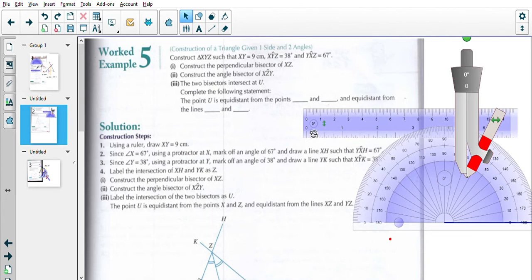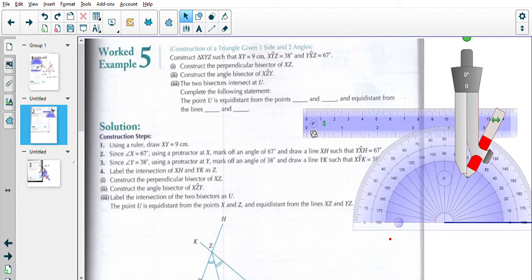In this case, construct triangle XYZ such that XY is equal to 9 centimeters, the angle XYZ is 38 degrees, and the angle YXZ is equal to 67 degrees. Part 1 is construct the perpendicular bisector of XZ, and the second question is construct the angle bisector of XZY.